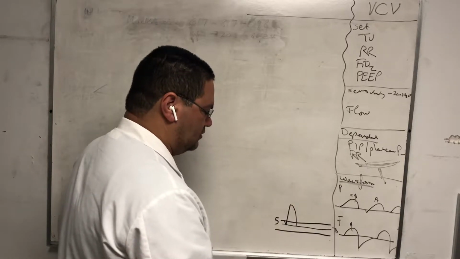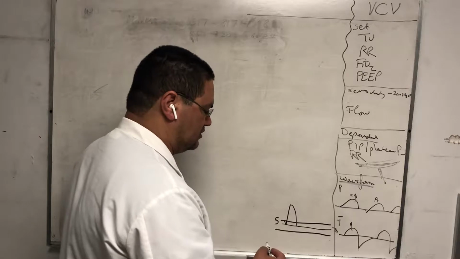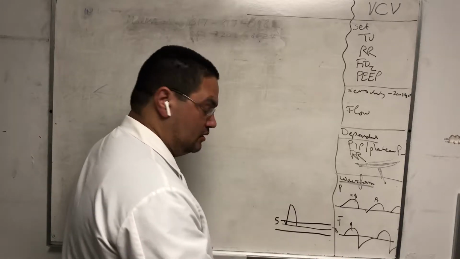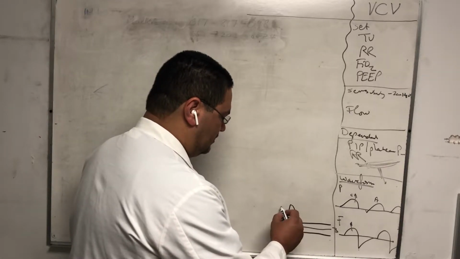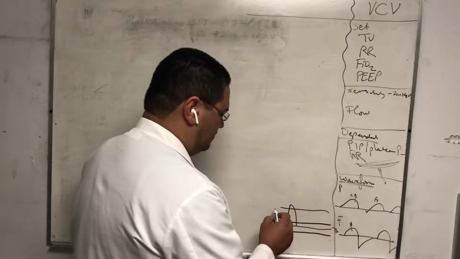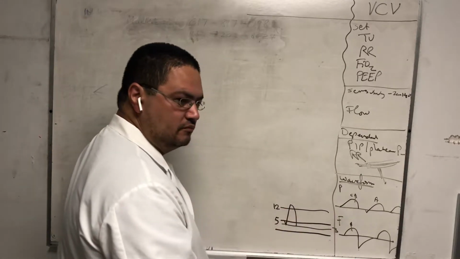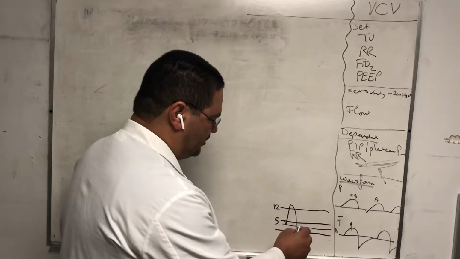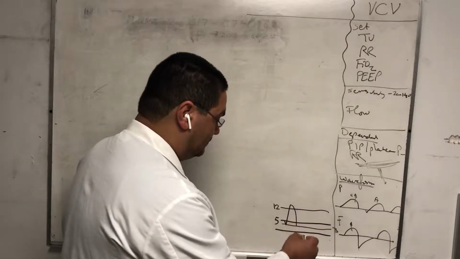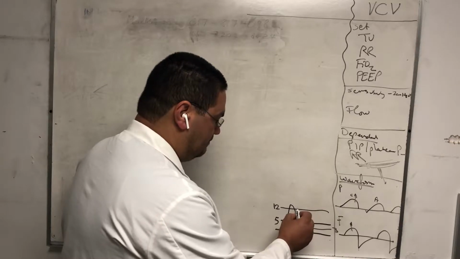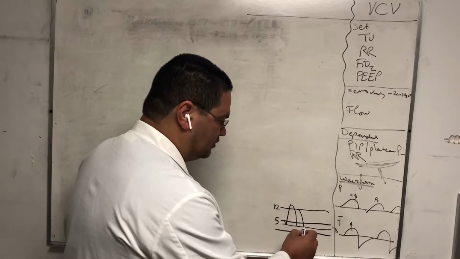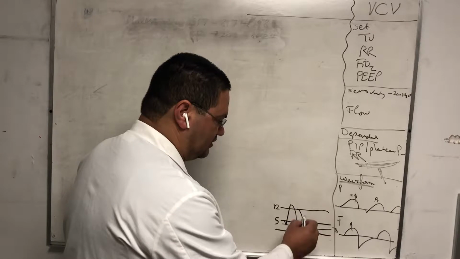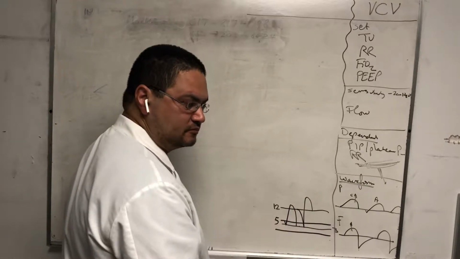But imagine the patient is COPD and has auto PEEP, let's say 12. That means the patient has to go from 12 all the way down to 3, like 8 or 9, for the machine to understand that he wants a breath, and he gets a breath.